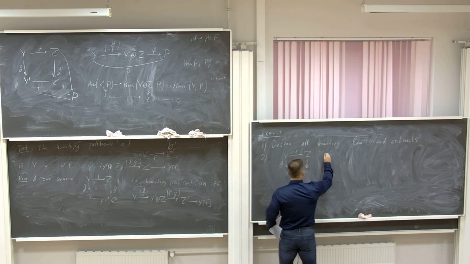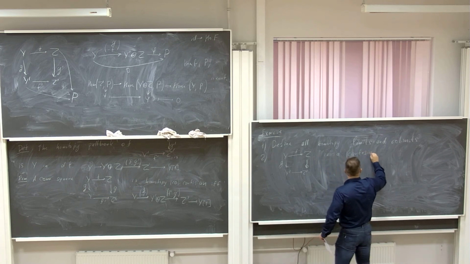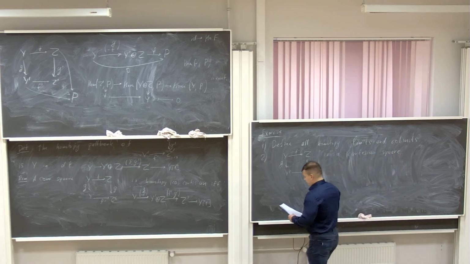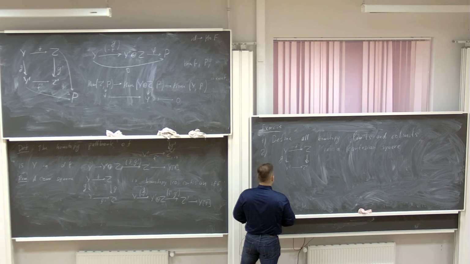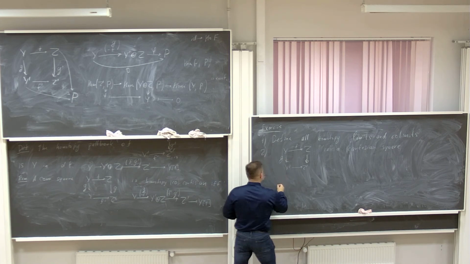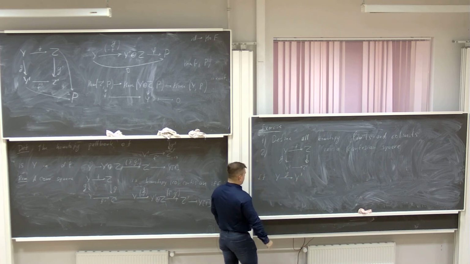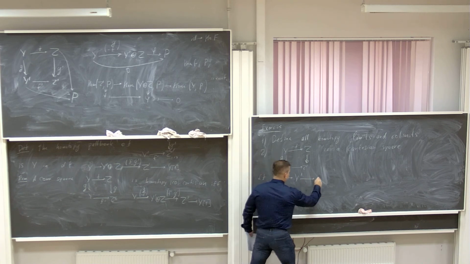So this is a Cartesian square. Now we do the following. We take a map, for example G, but we can do this also for F. So let's take G, and let's complete this map to a distinguished triangle.